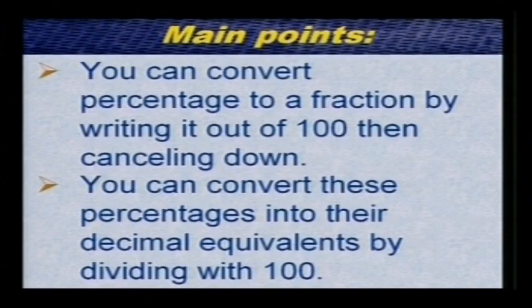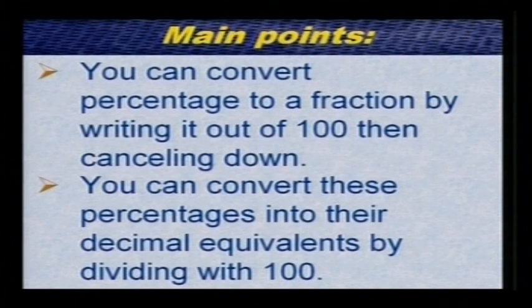Okay, the main points, I know you've gone through these points. You can convert a percentage to a fraction by writing it out of 100, then cancelling it down. Always remember to simplify your fraction if possible. Point number 2, you can convert percentages into their decimal equivalents by dividing with 100.